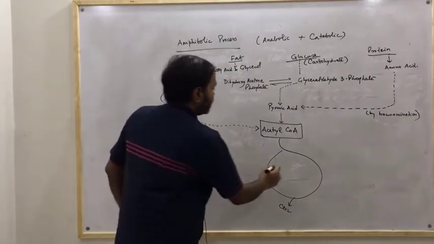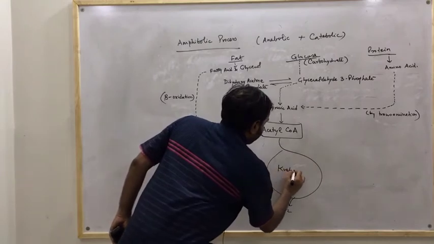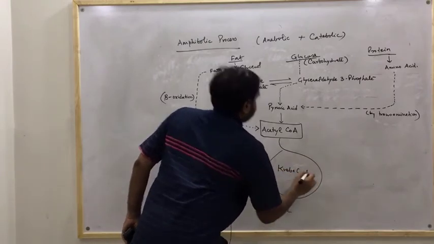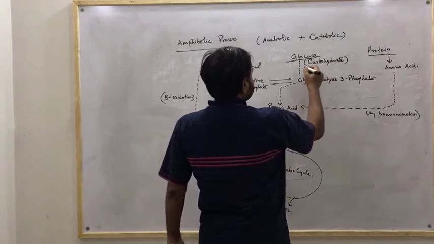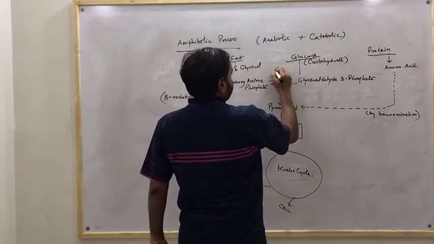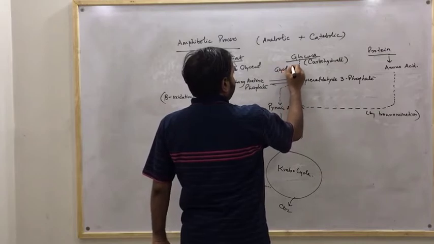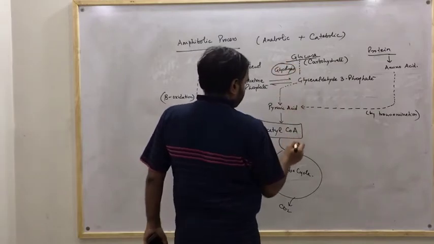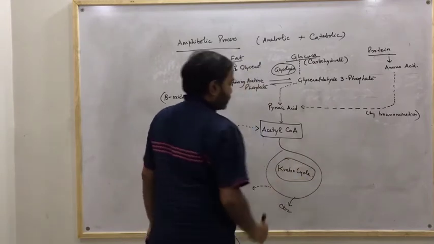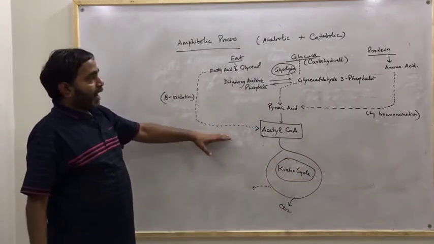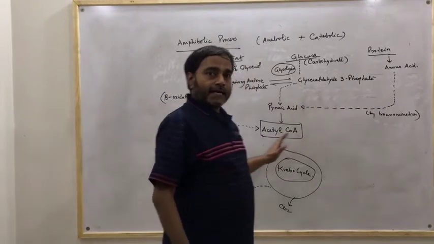We can see that this is the Krebs cycle and this is glycolysis, whatever we have made over here. So these processes are occurring and together all things are related.